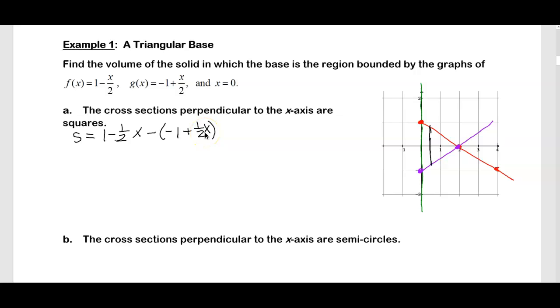I don't have it color coordinated on my paper. The top piece minus the bottom piece is going to represent the length of the side. So it's 1 minus a half x, minus 1 minus a half x.